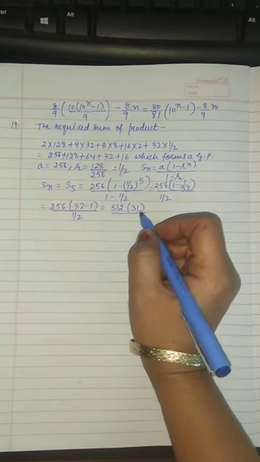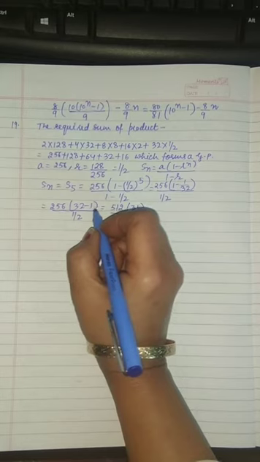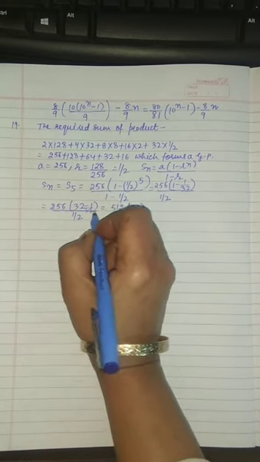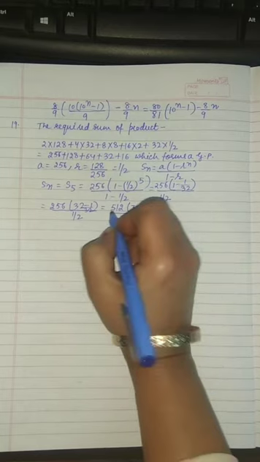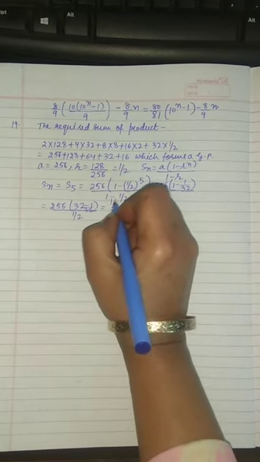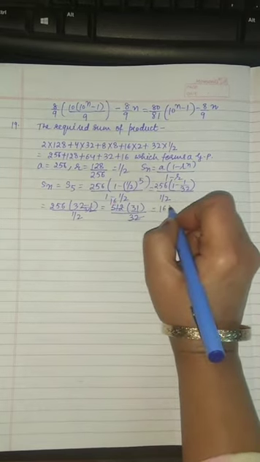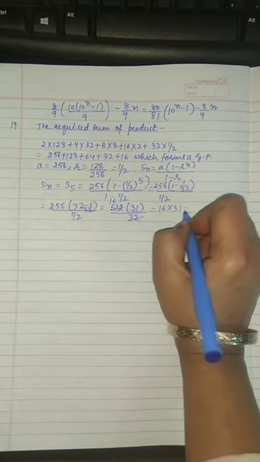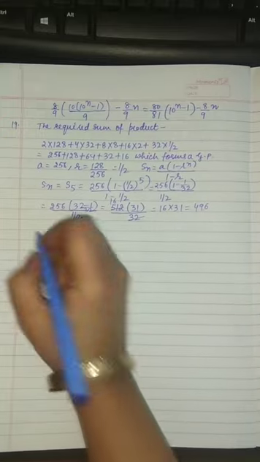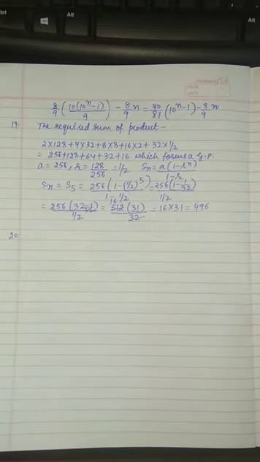And we have in LCM also 32. So we are left with 31 upon 32. On cancelling 512 with 32, we will get 16. So 16 into 31 will give us the sum as 496.